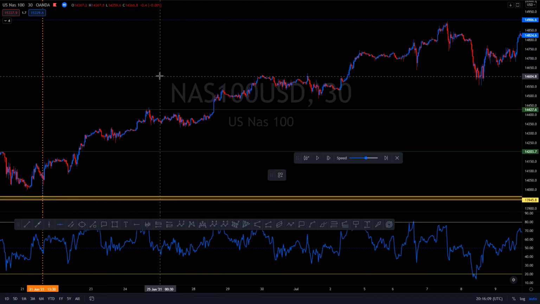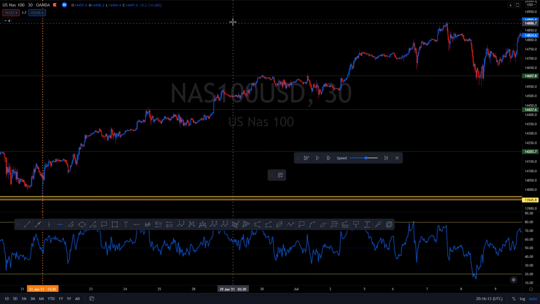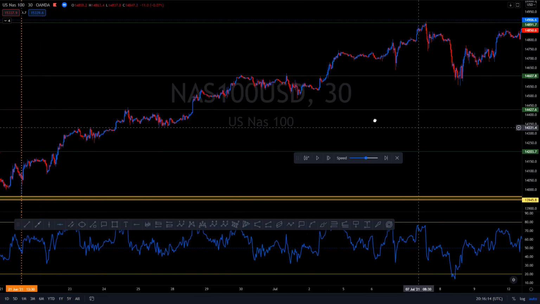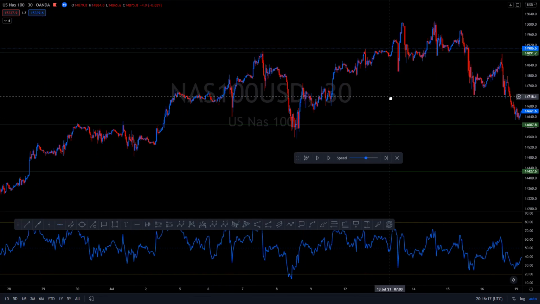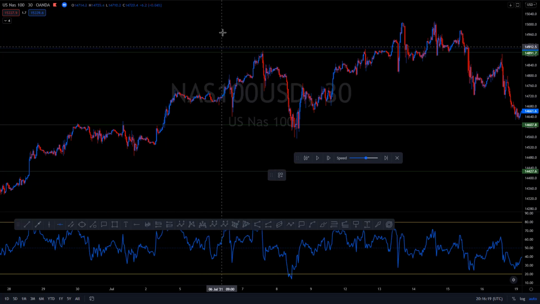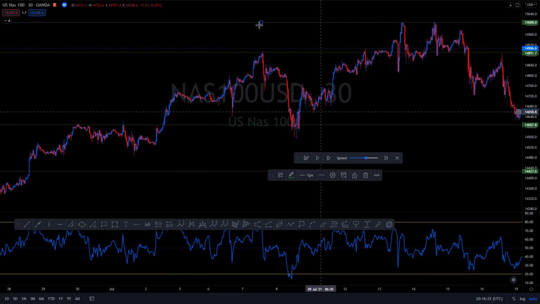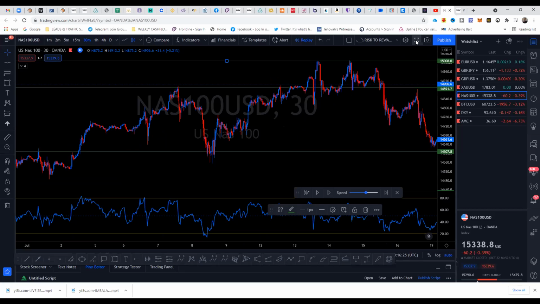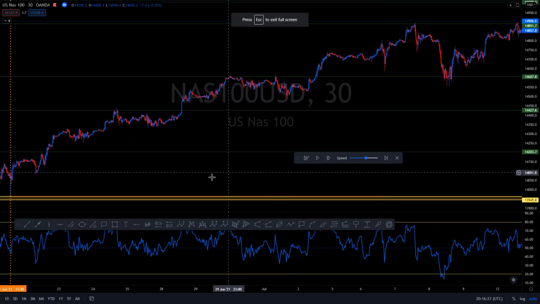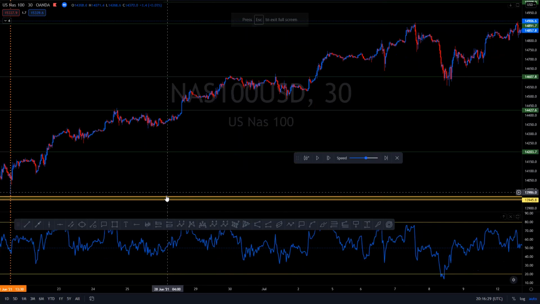See the next one right here. Next one's going to be up here. Right here. All right. So now we're going to mark up our zones on these horizontal lines.